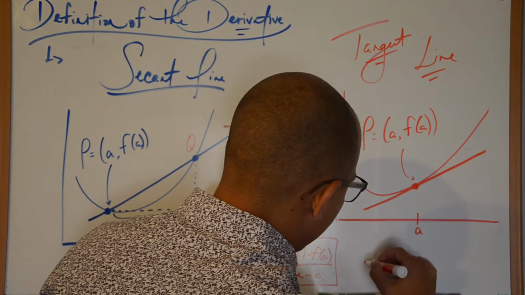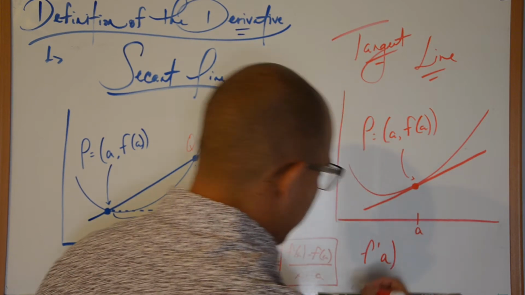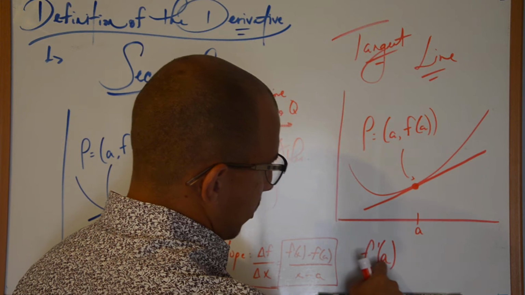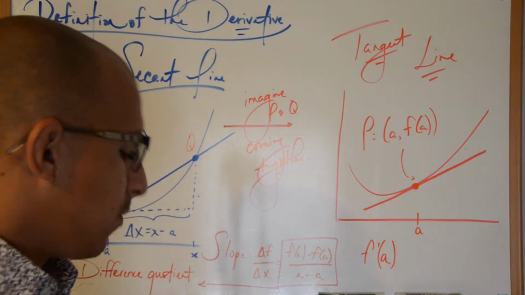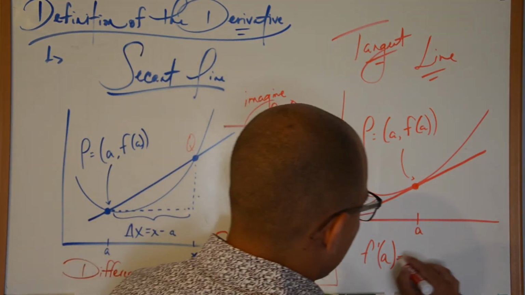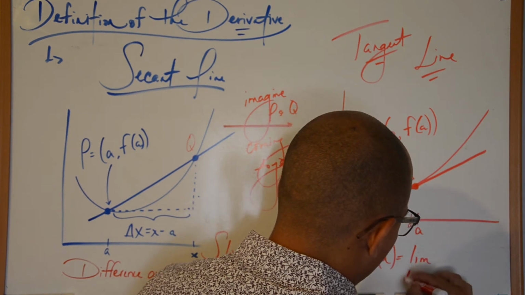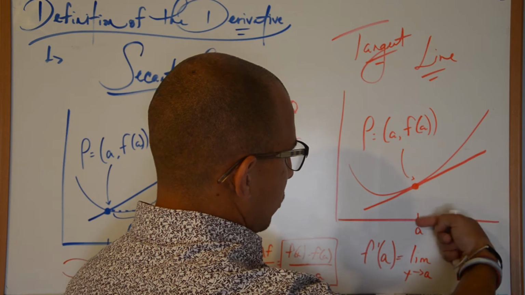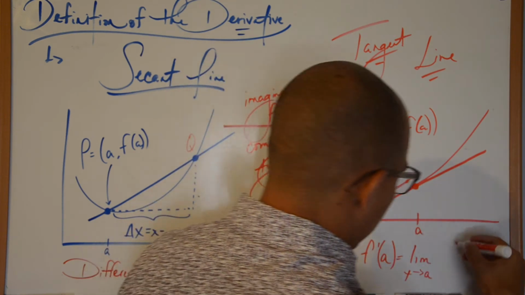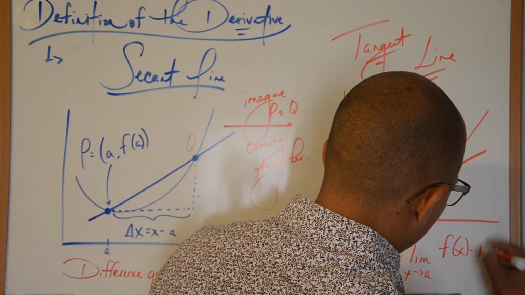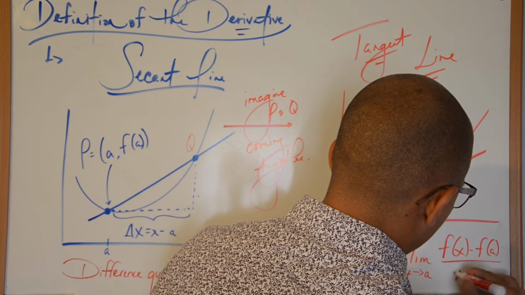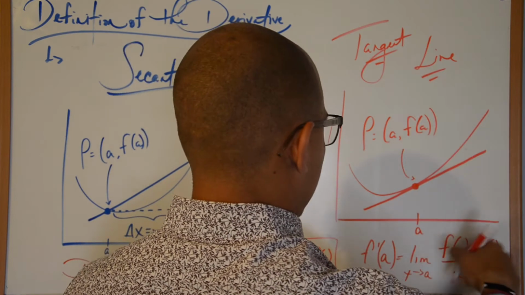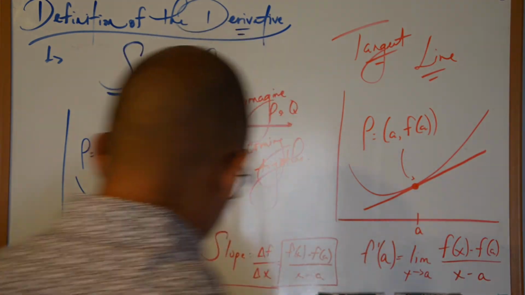So what's happening here is we calculate the derivative. f prime of a, that's the notation that we use to define derivatives, is equivalent to the limit as x approaches a of the difference quotient. And once again, I'm running out of space.